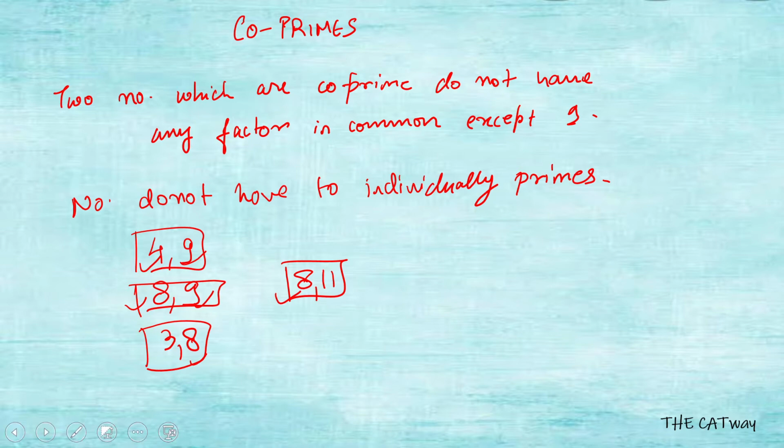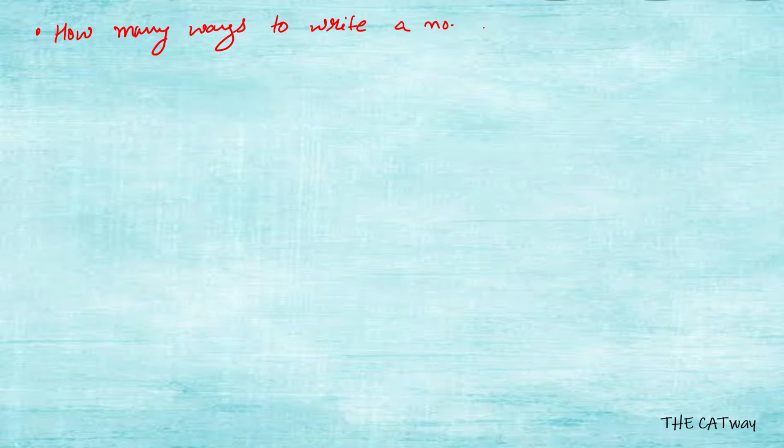Acha, now let's move on to some formulas. There are three very basic formulas used for co-prime numbers. The first one is how many ways to write a number as a product of two coprimes.